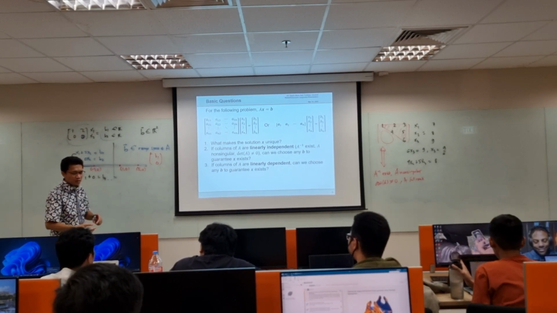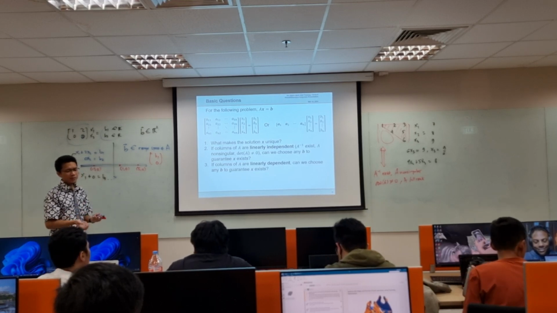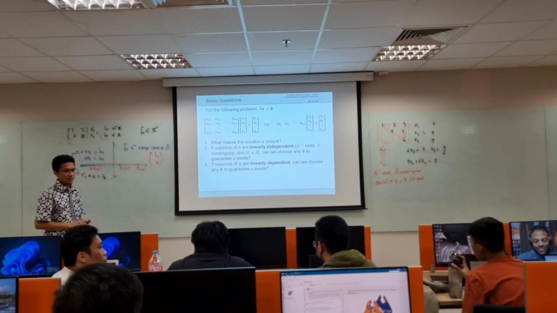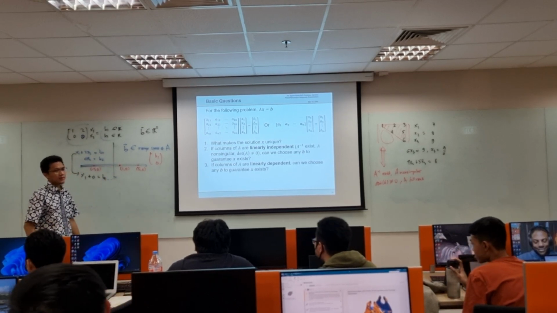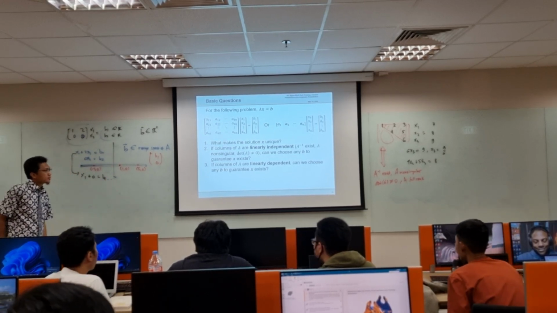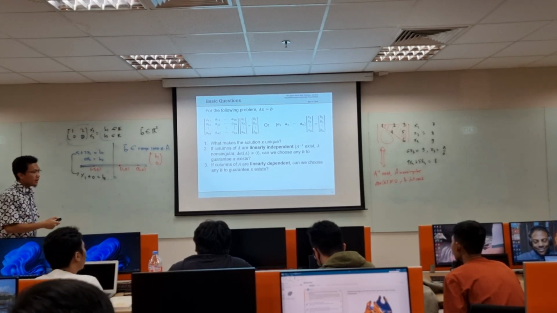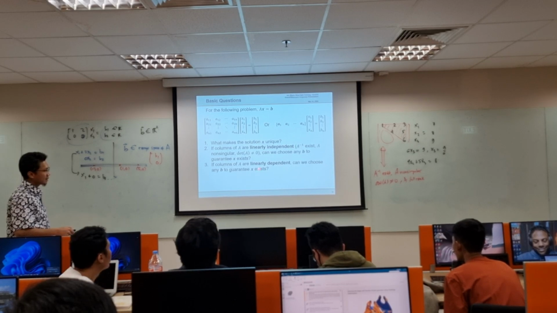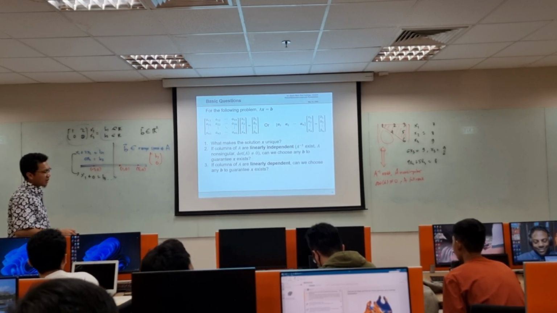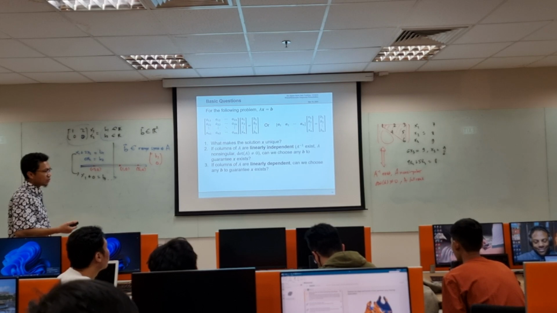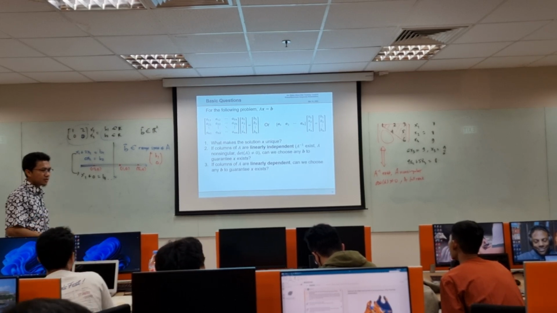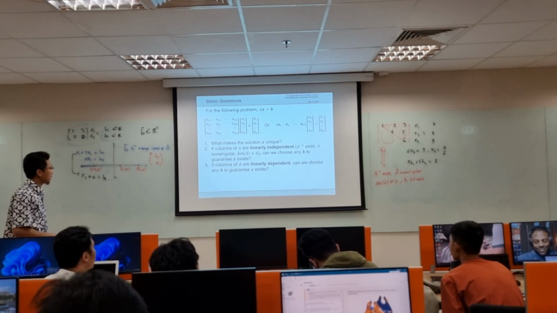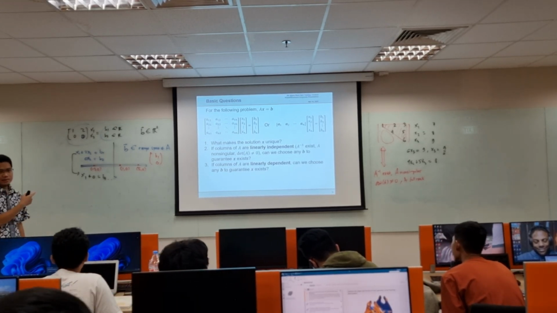But we will learn later that for a space to be a subspace, it has to satisfy certain conditions. So clearly, when your A is singular, A inverse does not exist, determinant of A is 0, A is not full rank, then not any b can be applied there.